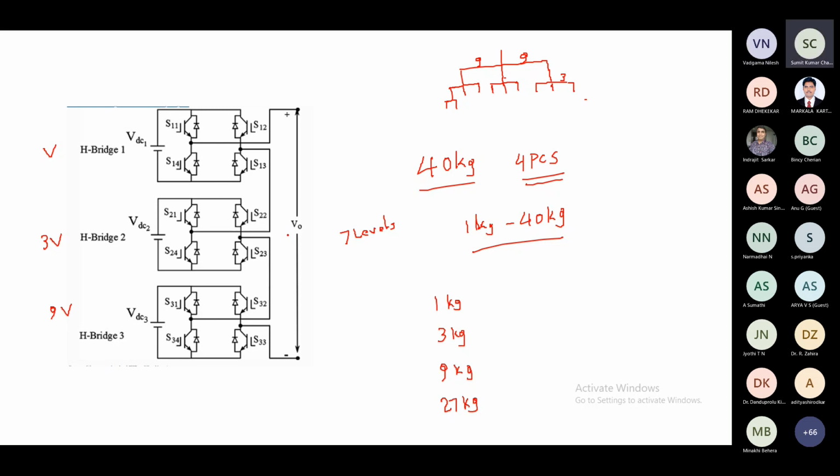Help me to find out. Anyone? There will be 27 levels. You add one more bridge, there will be 81 levels. It is multiplied every time, it will increase by 3 times.